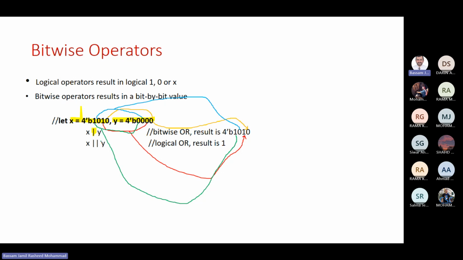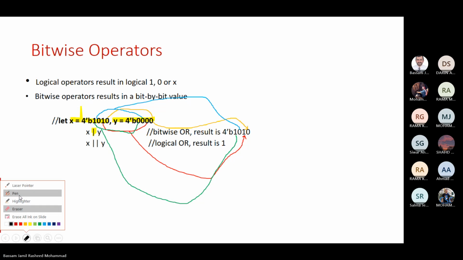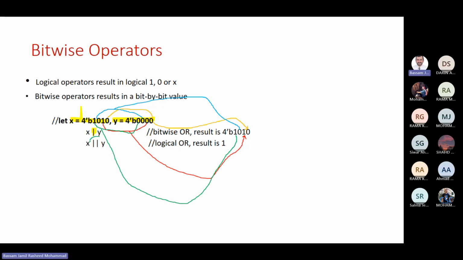Now, look at the second example here. I have an ORing, but this ORing is different than this ORing.